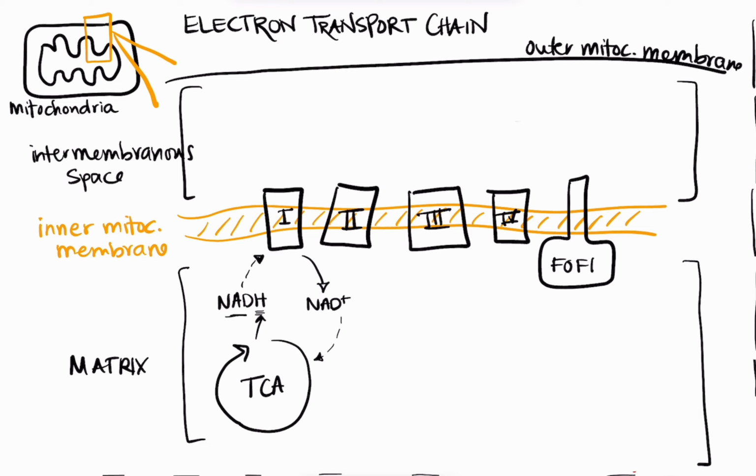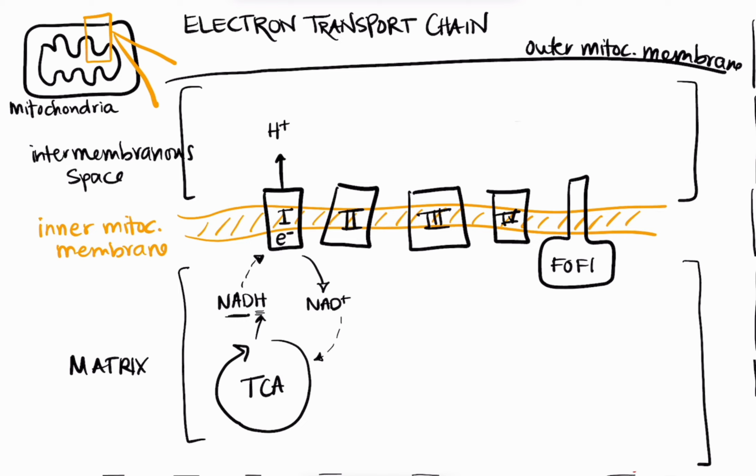When the NAD drops its hydrogen off in complex 1, complex 1 has the ability of ripping just the electron off of that proton and spitting the proton, the remainder, into the intermembranous space. So throughout energy metabolism, we've talked about moving electrons as moving hydrogen.